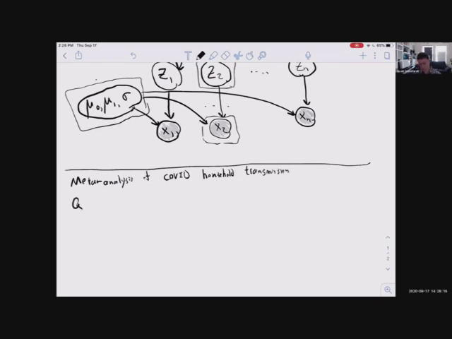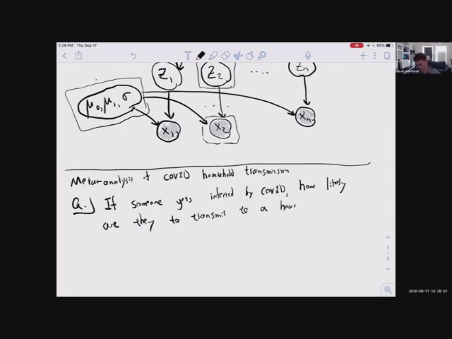So the basic question is, if someone gets infected by COVID, how likely are they to transmit to a family member, or in general, a household member?